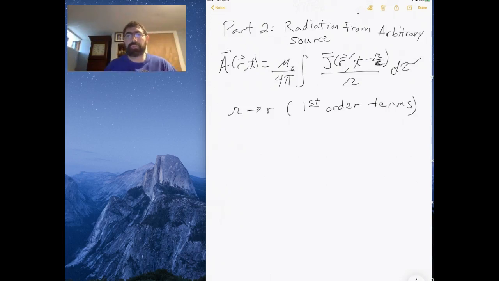Okay, so I'm not going to go over that again. You can review that in the previous lecture. But what that does is it allows us to take the r out of the integral because r is not in the prime system.